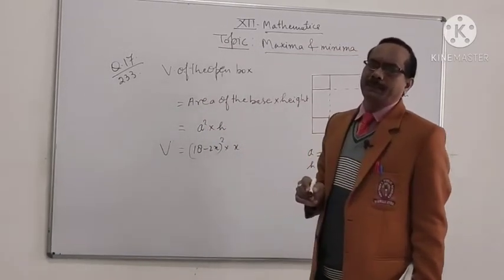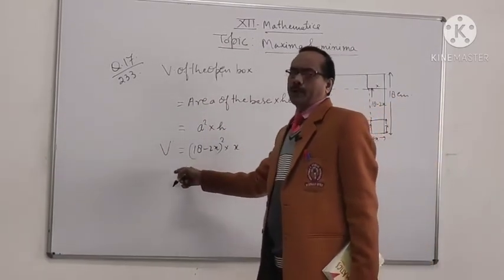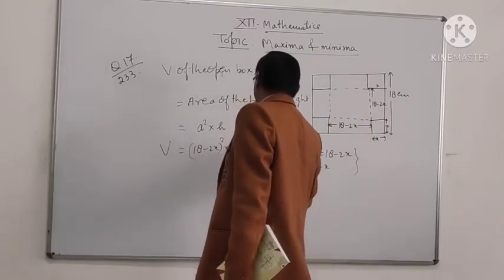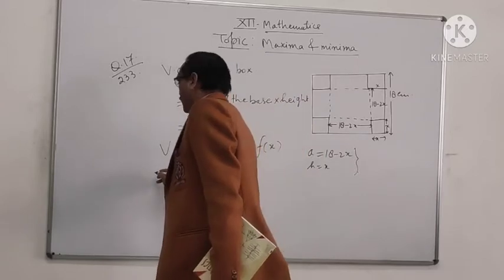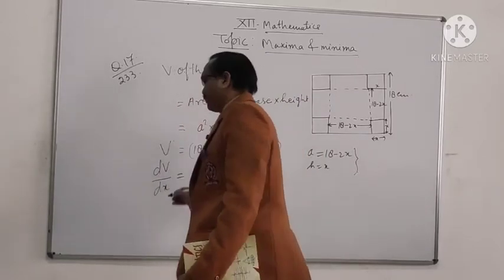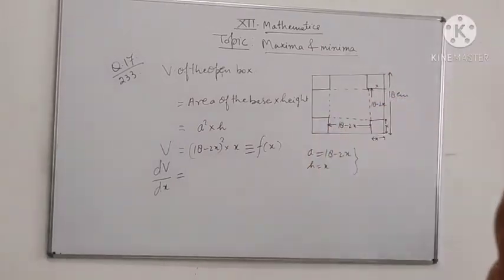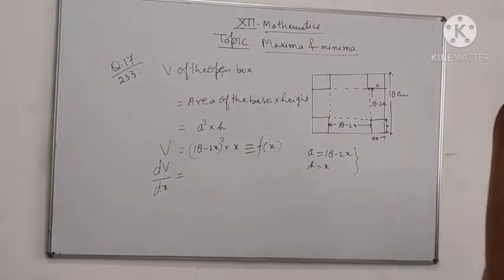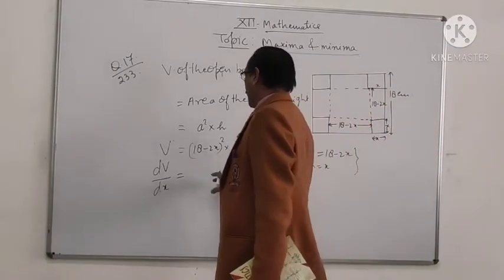To find the maxima and minima, we have to apply the process of maxima and minima. So, we will differentiate V with respect to x. Now, we will find dV over dx. Student, we have to differentiate it.